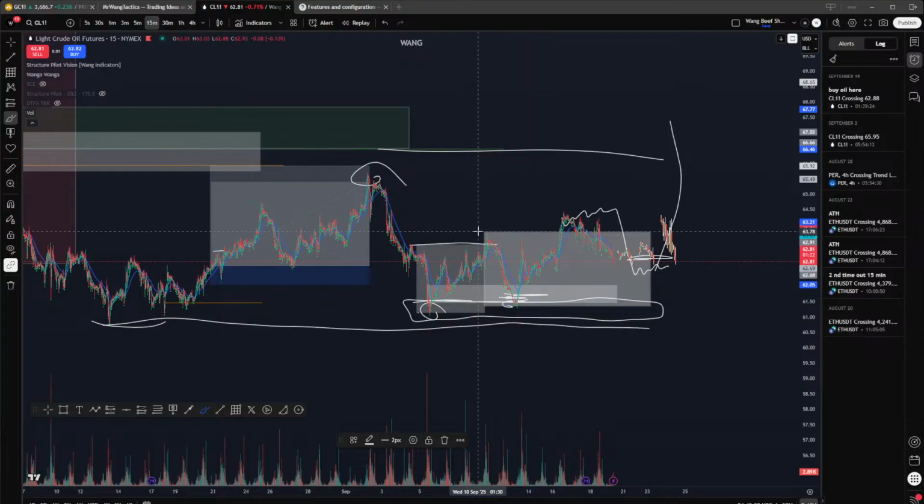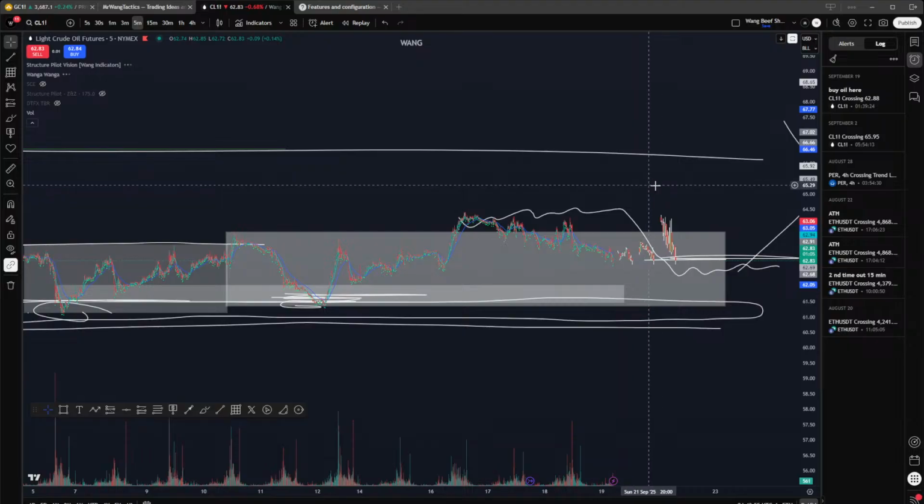shoot straight up above that high, which is the 1, 2. This is the second swing. Inside of this second swing, I'm expecting price to give me a move back up. That's why I had that alert.